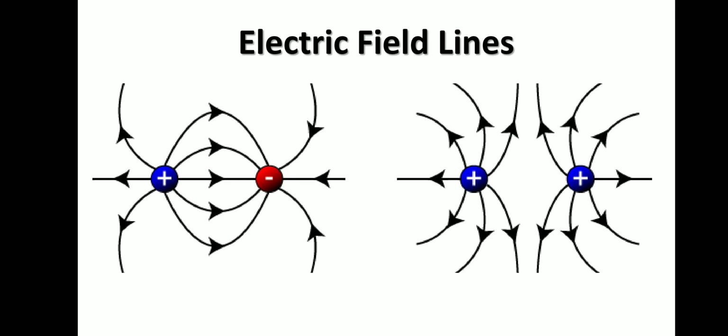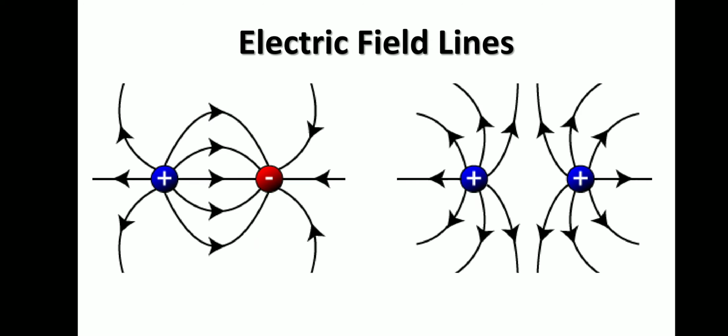So moving ahead with the electric field lines, watch here. Here I can see a positive charge and a nearby negative charge. What happens? The electric field lines originate from the positive charge and end at the negative charge, from positive to negative.